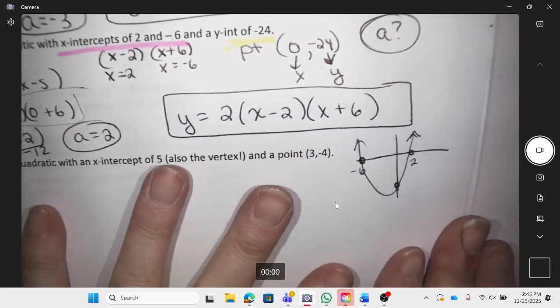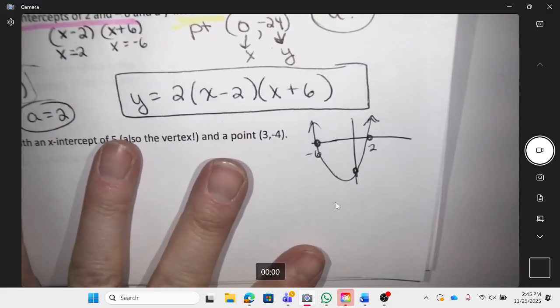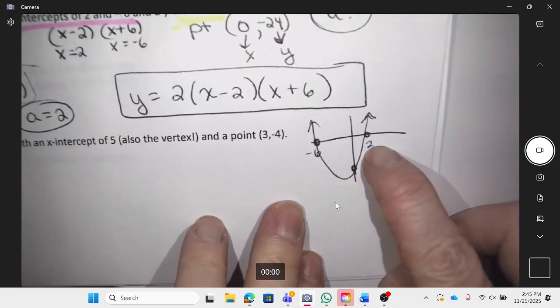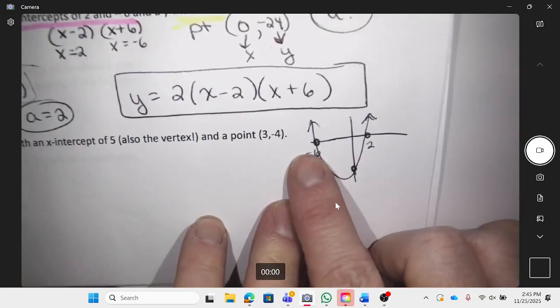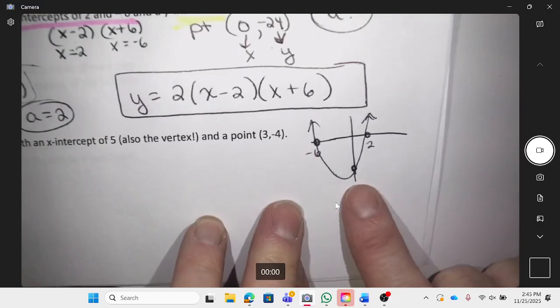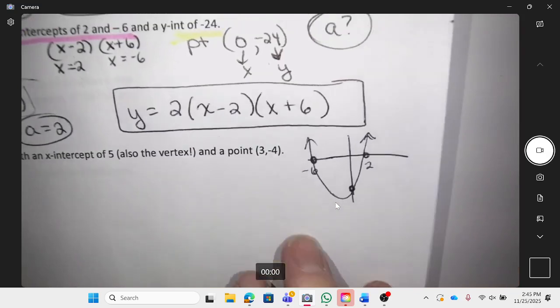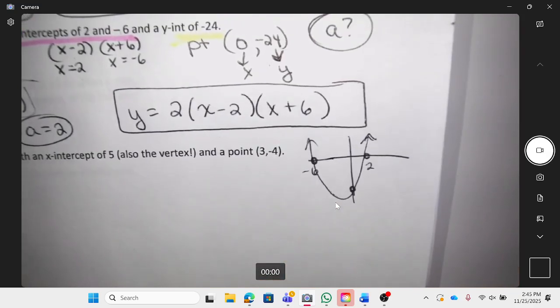Okay, so here's what I know I should be seeing based on what the equation told me. I should see an x-intercept at 2. Does it look like it's doing that? And -6. And it told me the y-intercept was -24. You probably might not see that on your screen just because of the window thing, right?